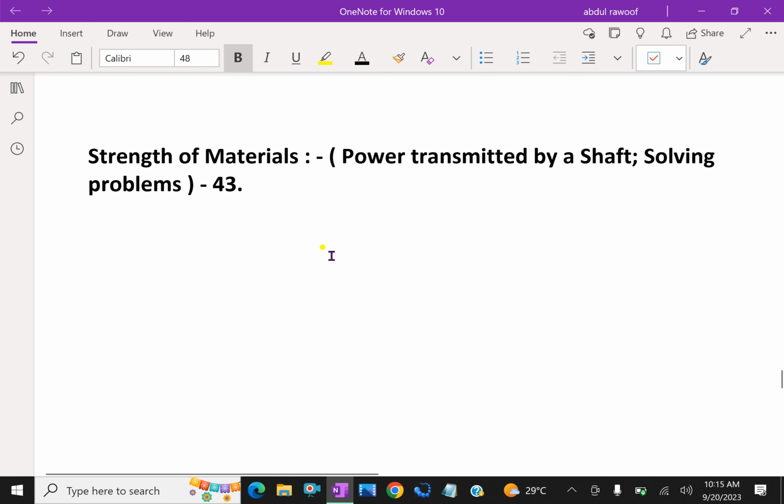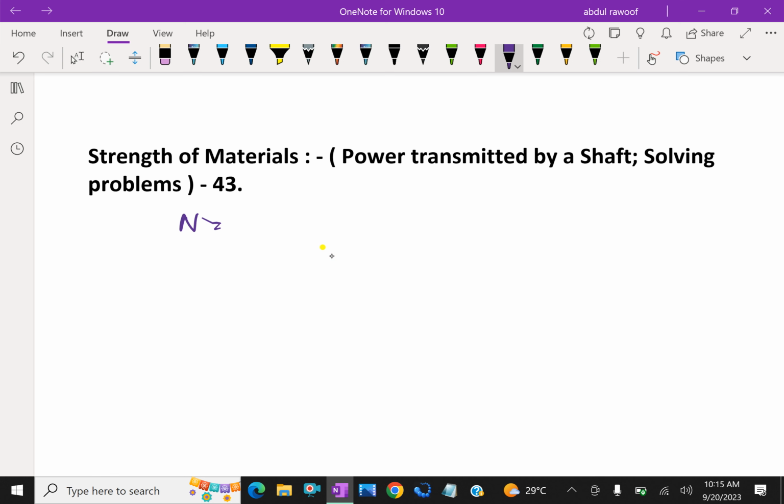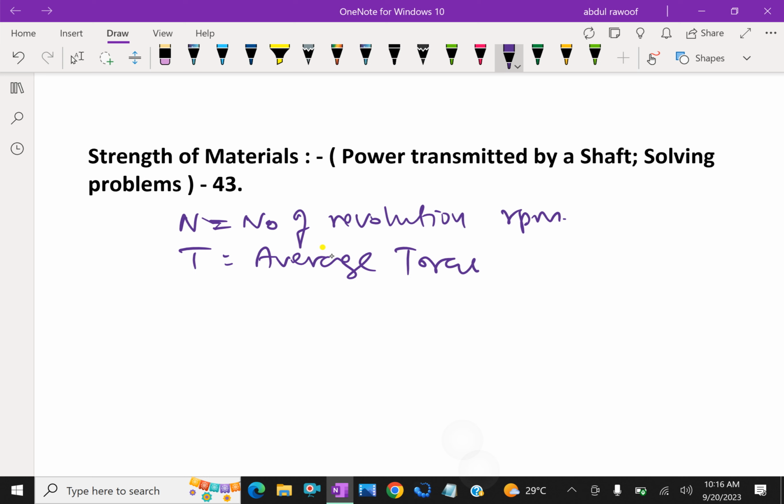Let N equal the number of revolutions of the shaft in rpm, revolutions per minute. Let T equal the average torque, and let it be in kilonewton meter.